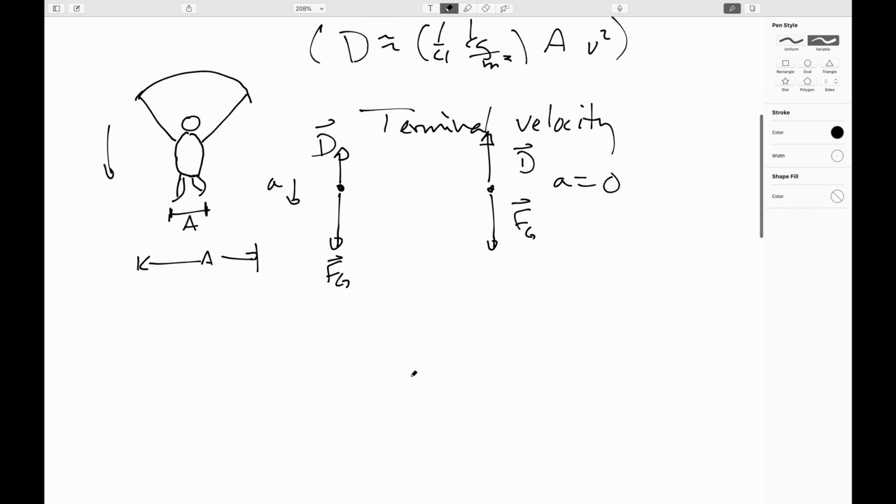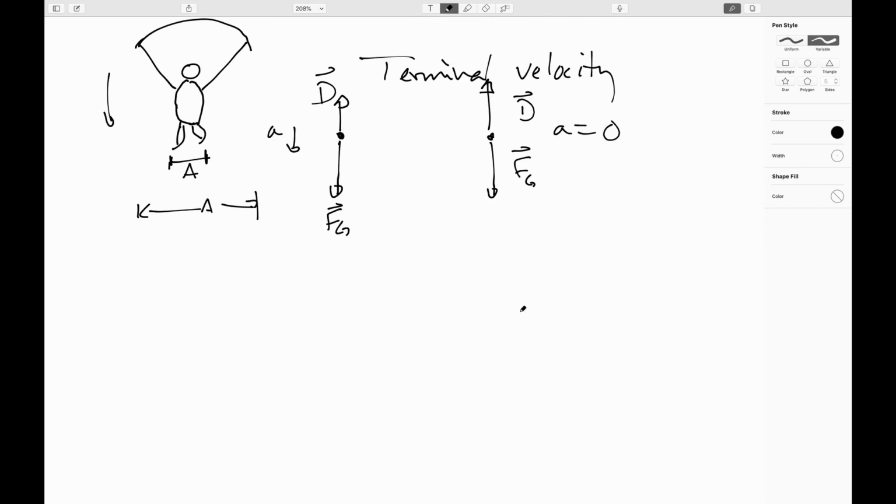So let's figure out this terminal velocity. Well, from Newton's second law of motion, at this point, when the acceleration is 0, we're just going to be saying that the drag is equal to the force of gravity. So we can just go ahead and plug in our models: 1/2 CD rho A v squared and mg.